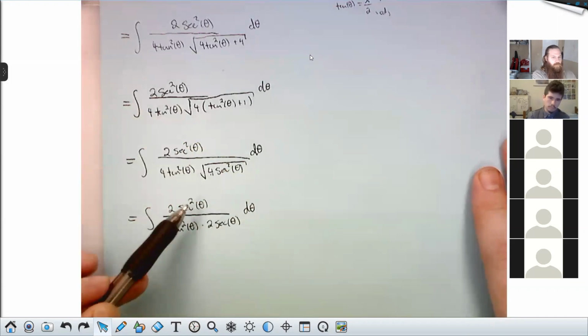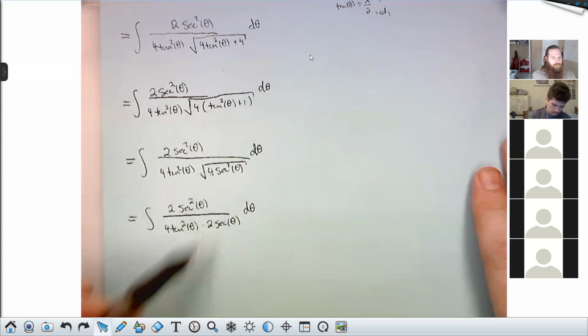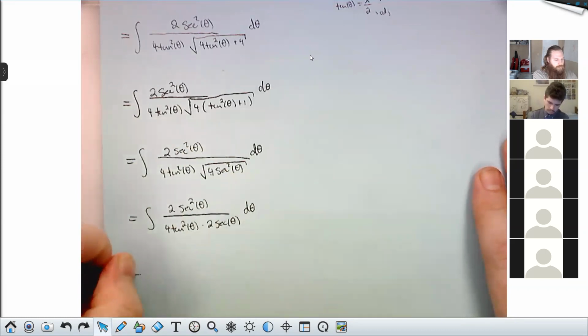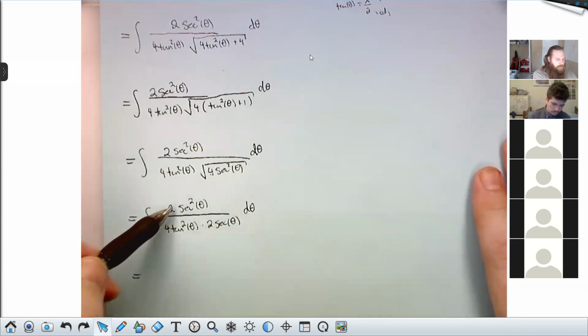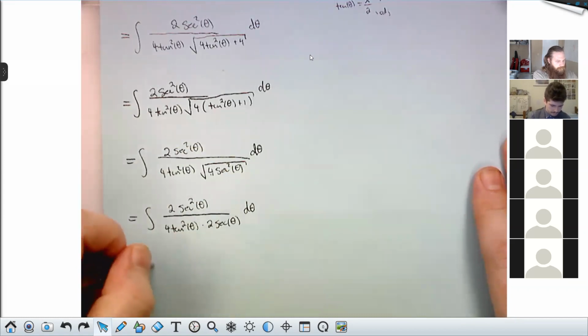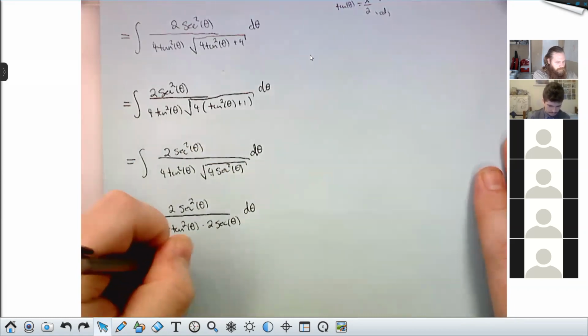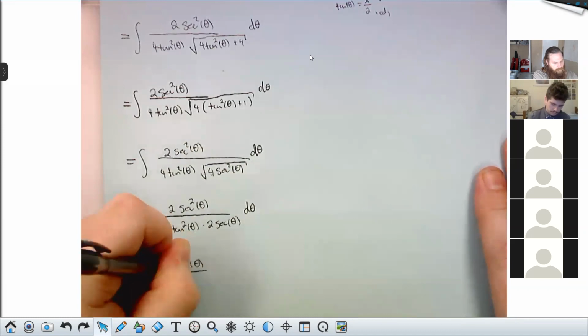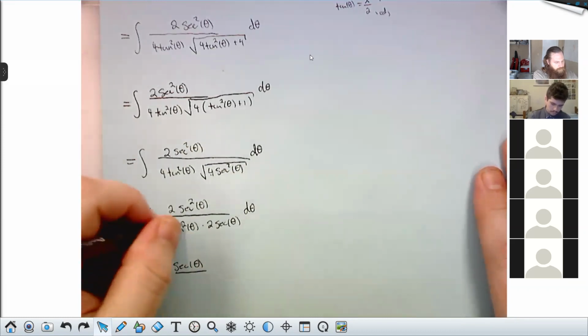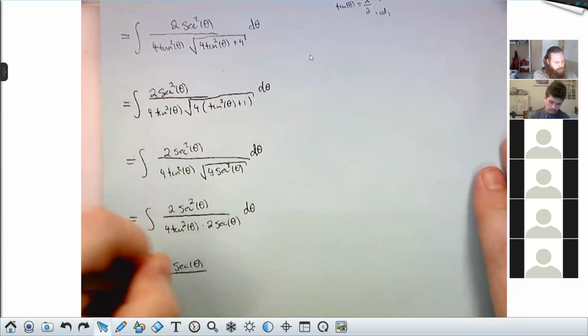I've got secant times secant upstairs there, that's secant squared. One copy of secant down here, so I can cancel one of those. I can also cancel the 2's, and I'll get secant theta over 4 tan squared theta.